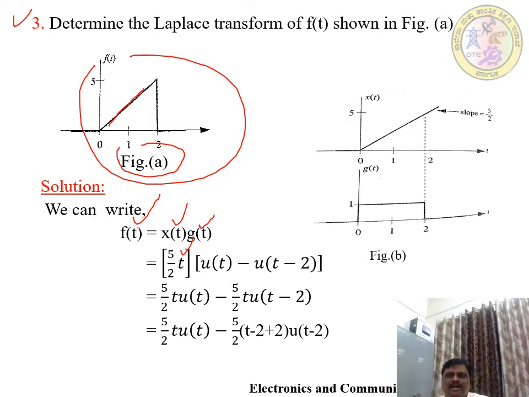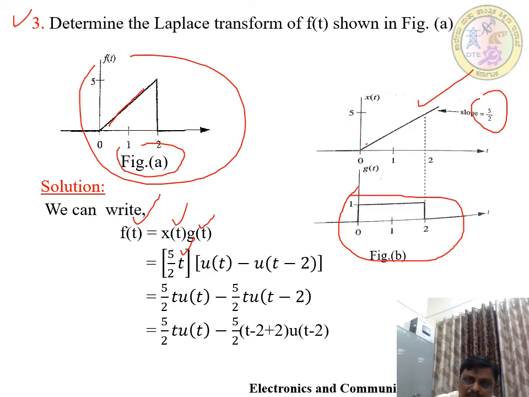You can see here that x of t is a ramp function having a slope of 5 by 2, which is shown here, isn't it? Therefore, here u of t minus u of t minus 2 means the step function minus the step function delayed by 2, which is shown here.